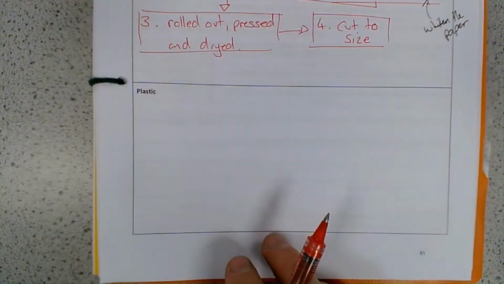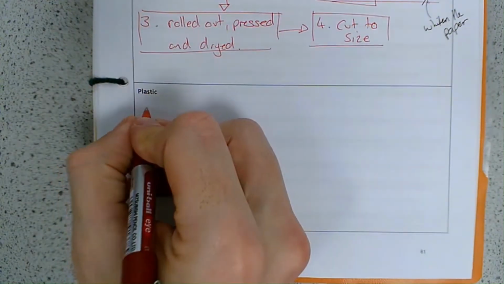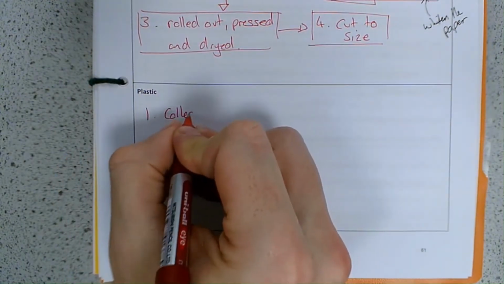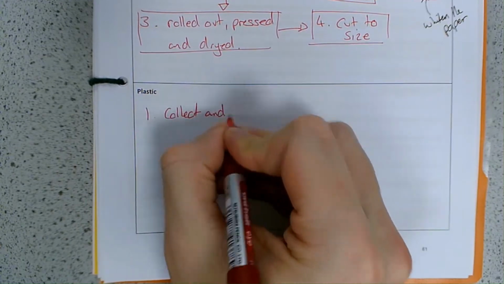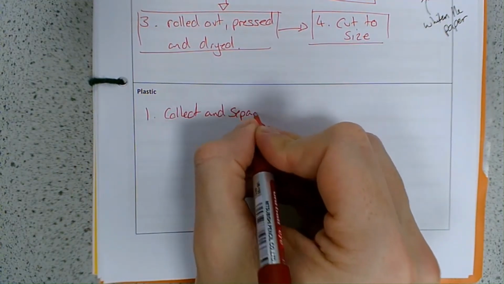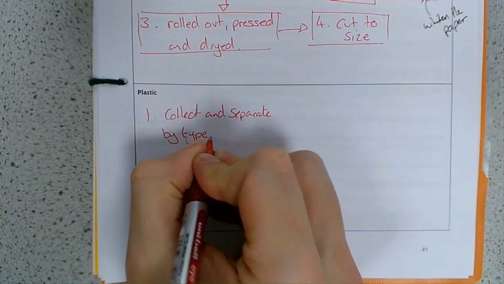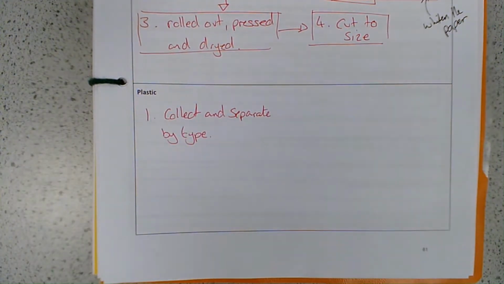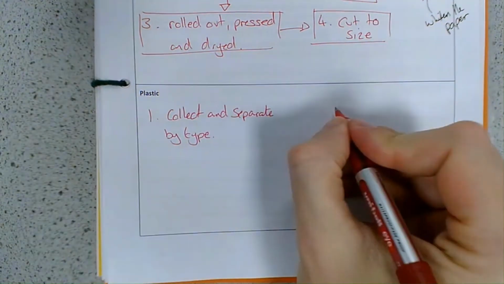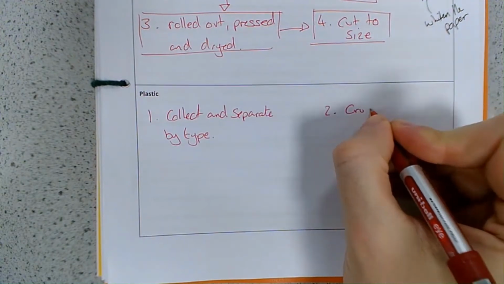Finally then, plastics. Once again, collect and separate by type. Not all plastics can be recycled, and not all plastics can be recycled together. They need to be separated into different types of plastics. Then they are crushed into a block.